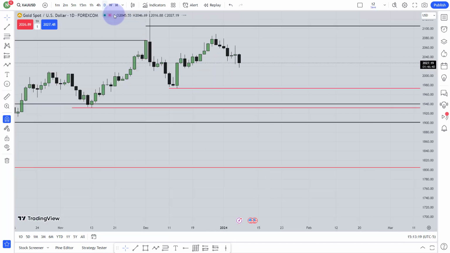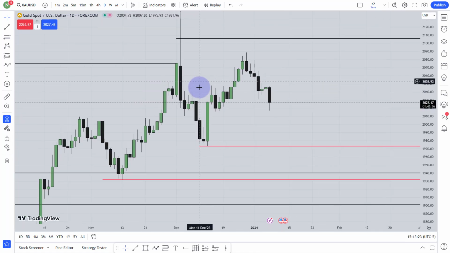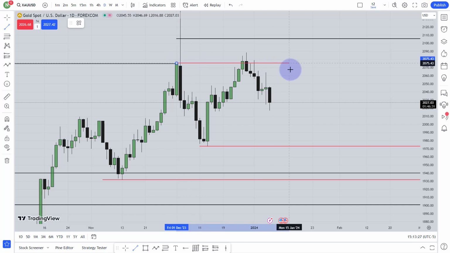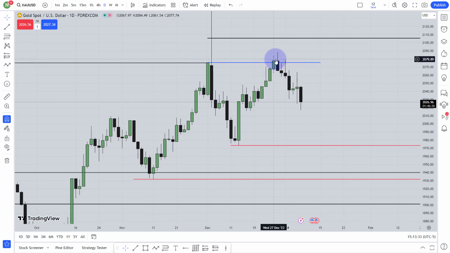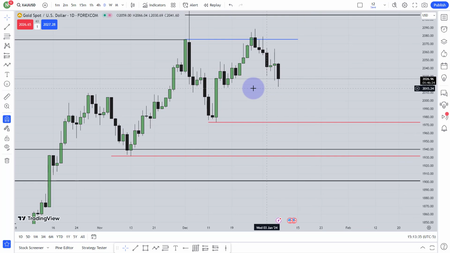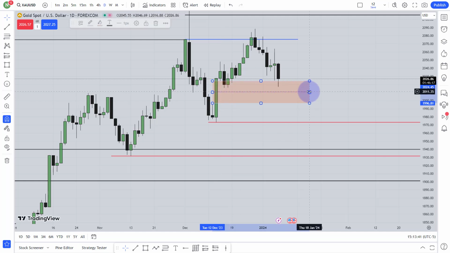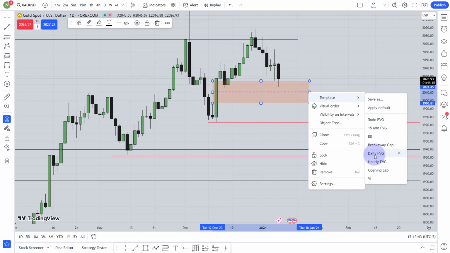Okay, now let me go to the daily chart. From the daily chart, I'd love to mark the rejection block. So that is the rejection block, and let me change the color actually. Price came here to the rejection block, then it started to go lower. Right now the price is over here at this daily fair value gap.